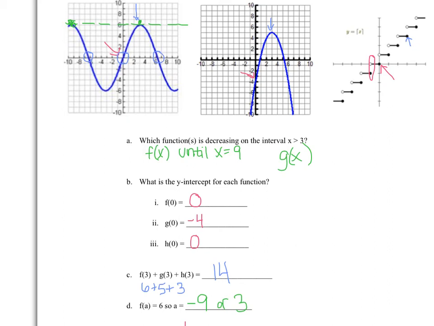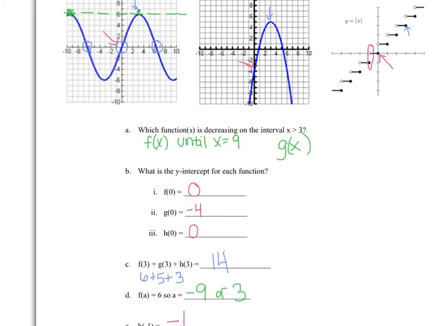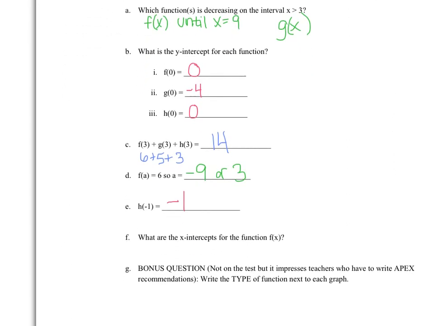It looks like it goes off a little bit, and it does if you know what the function is, but for all intents and purposes, we're going to say -6, 0, and 6 are the x-intercepts. So when x equals -6, when x equals 0, and when x equals 6, we have the x-intercepts for the function f of x.